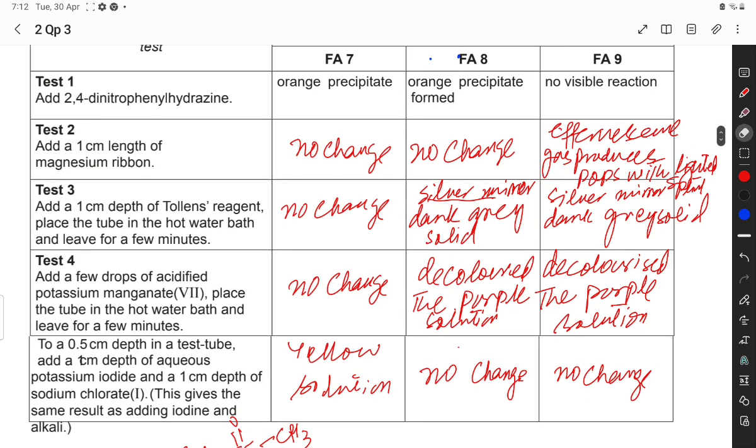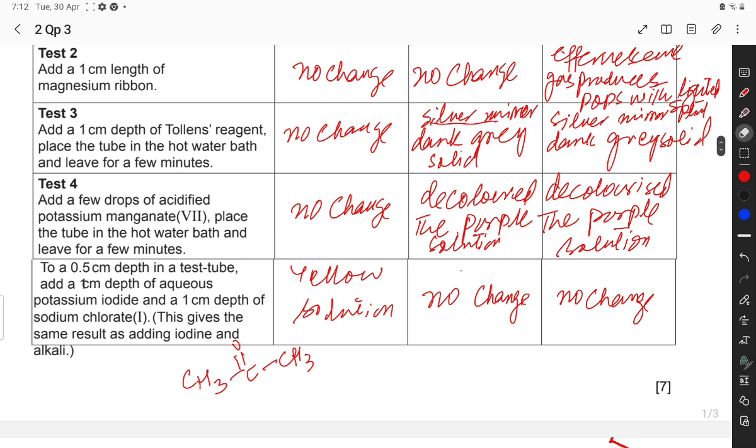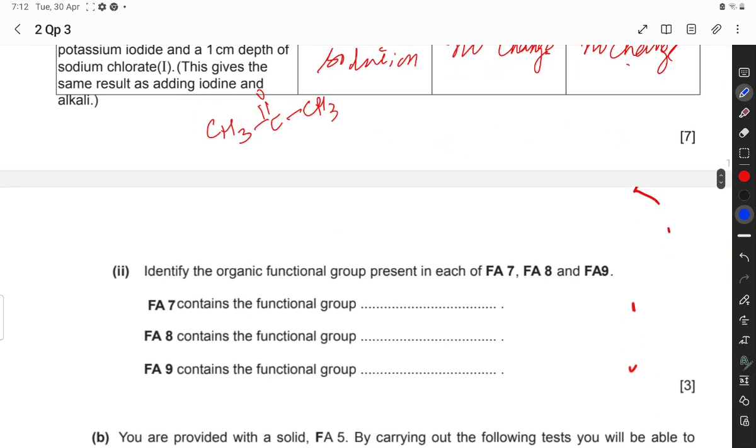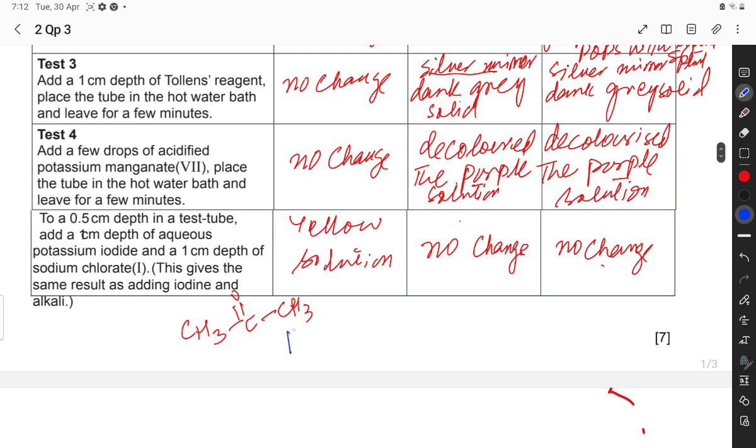So there is also no change. It means there is no CH3 directly attached to the carbon which is bonded with oxygen. So these tests identify that this solution, Fe7, is propanone or ketone.